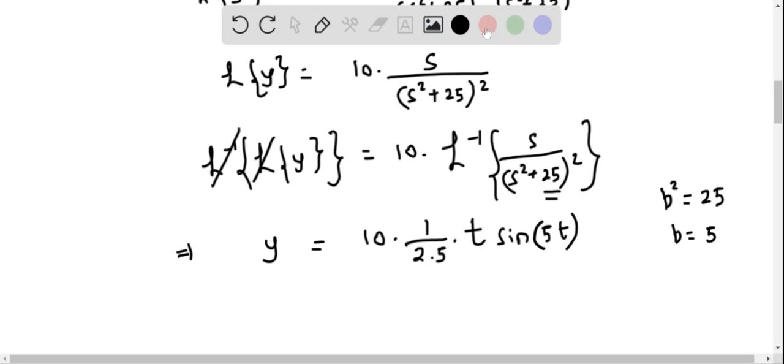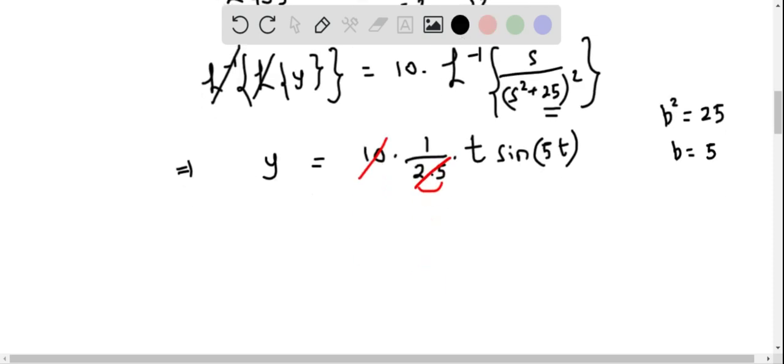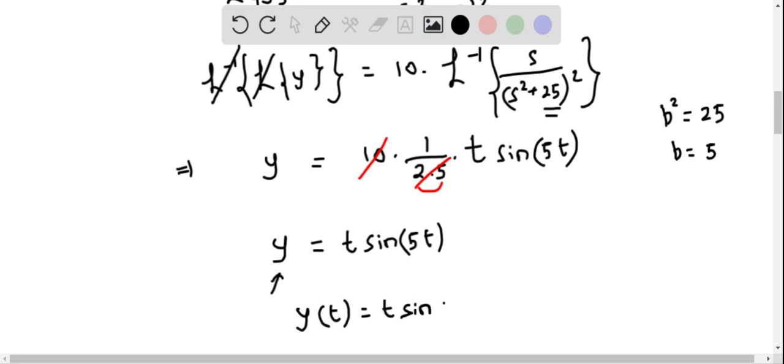Now I see that 2 times 5 is 10, so this 10 and this 10 will get cancelled. Finally we are left with the expression y equals t times sine of 5t. In fact, we can write y as y of t, and this equals t times sine of 5t.